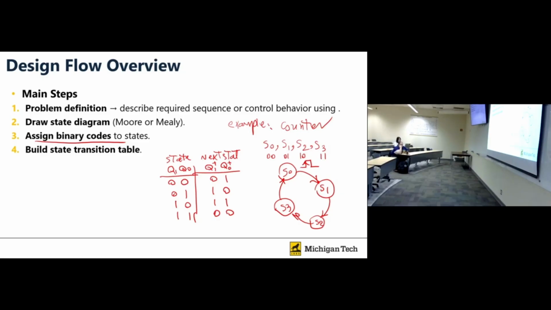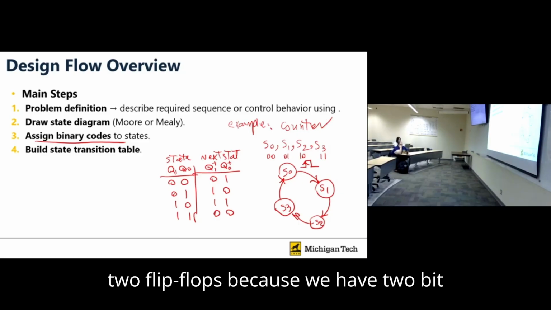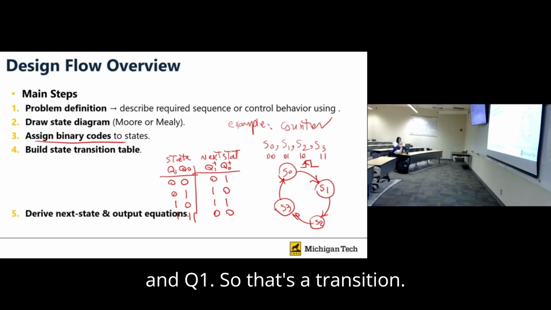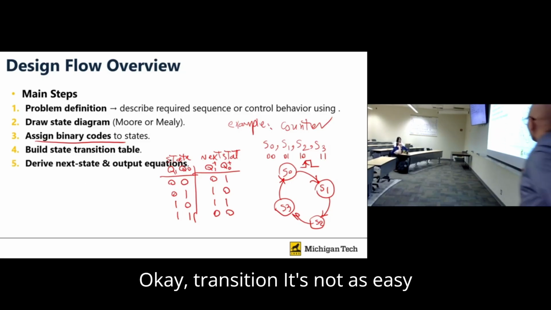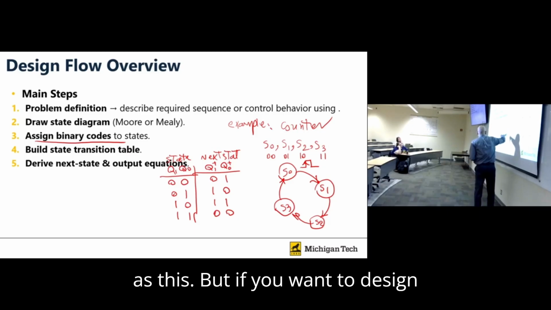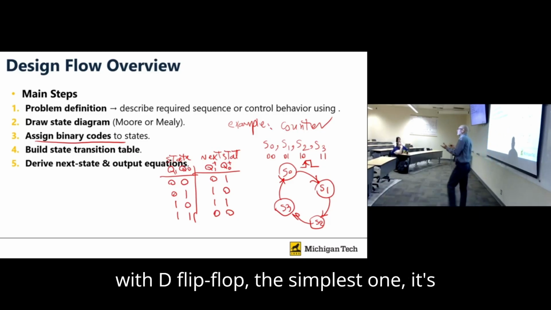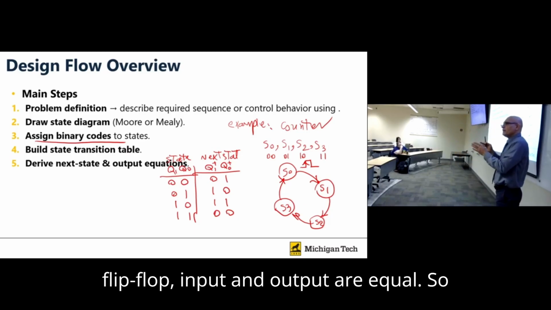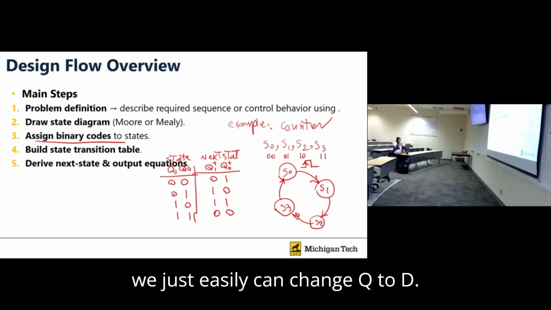We need 2 flip-flops because we have 2 bits to store, Q0 and Q1. So that's a transition. Okay, transition is not as easy as this, but if you want to design with D flip-flop, it is as easy as this, because in a D flip-flop, input and output are equal. So we can easily change Q to D.